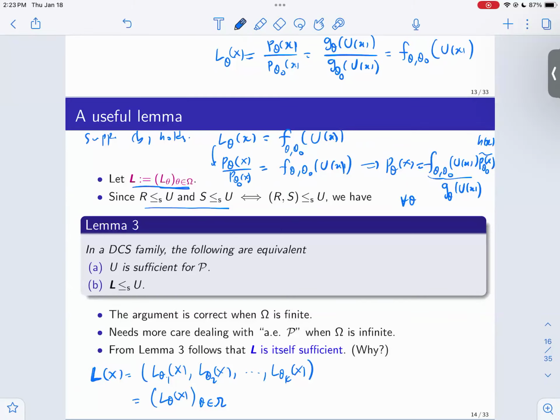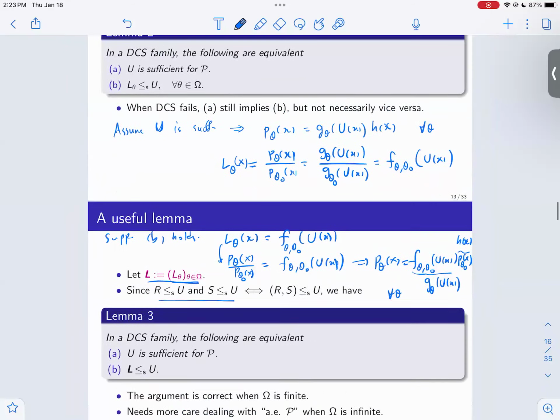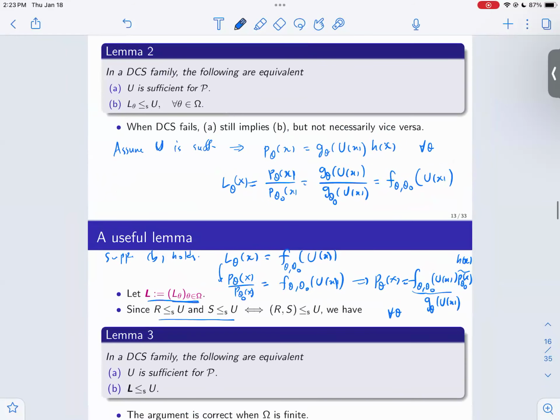Once you have 3 and you stare at it for a while, you realize that this also proves that L is sufficient. 2 is just an equivalence, so 2 is the same as 3.